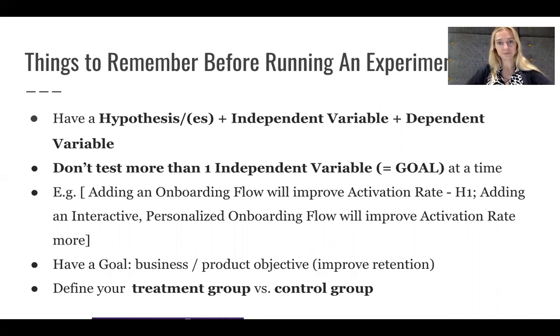I would say, especially if you're new to experiments and you want to keep it simple and make sure that you get consistent and reliable results, don't test more than one independent variable at a time. So don't try to remove your empty state and introduce a new product tool at the same time, because then it will be very difficult for you to tell what actually had an impact on your improved activation, if there is any improvement, of course.